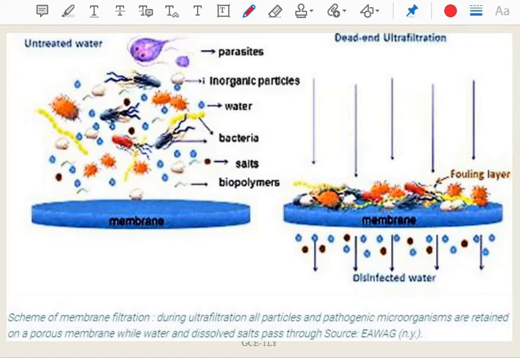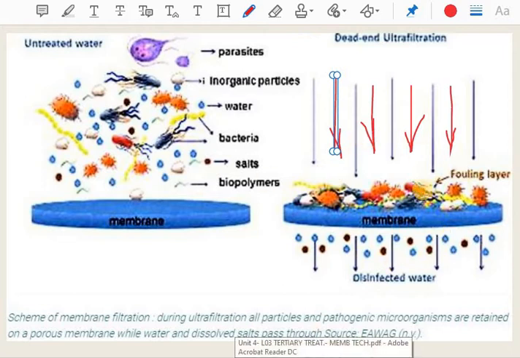As you can see here, while the liquid passes over this membrane, it contacts the membrane in a perpendicular way. The direction of flow is perpendicular to the placement of the membrane, and while passing, it leaves behind the microbes and other solute particles over the membrane, and only the water passes through.